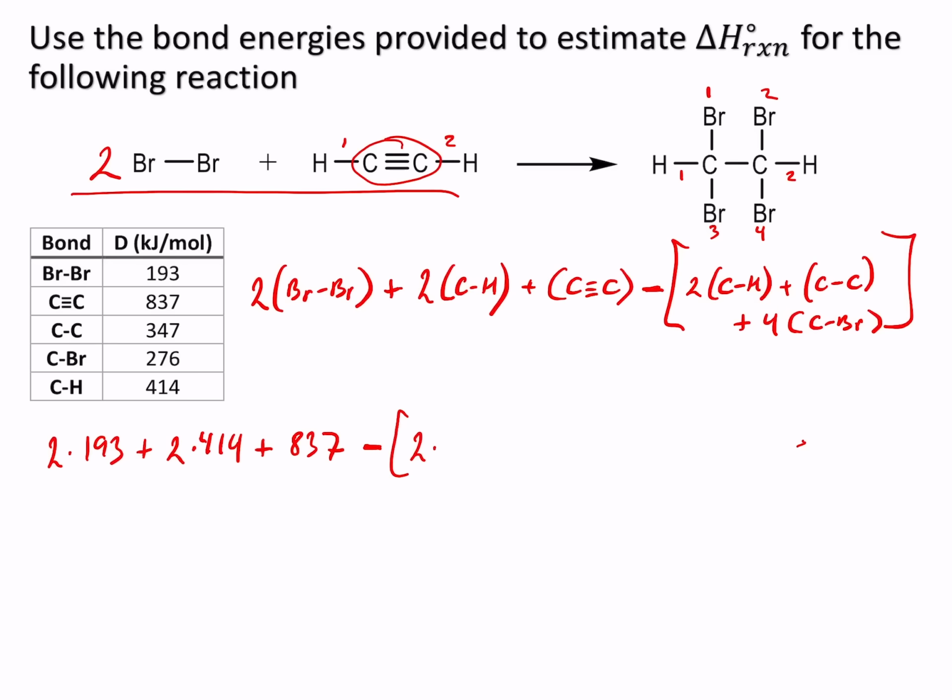Again, 2 times carbon-hydrogen 414, plus the carbon single bond, which is 347, and 4 times the carbon-bromine bond, which is 276.